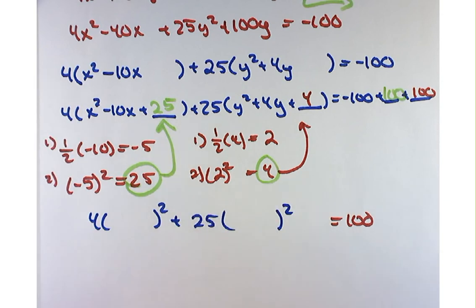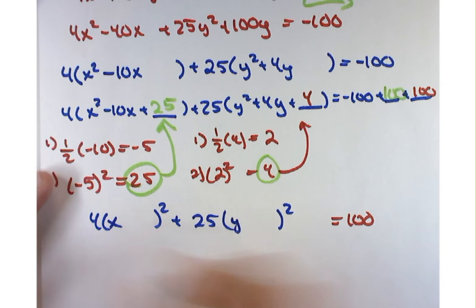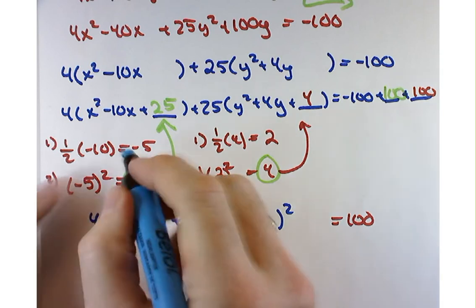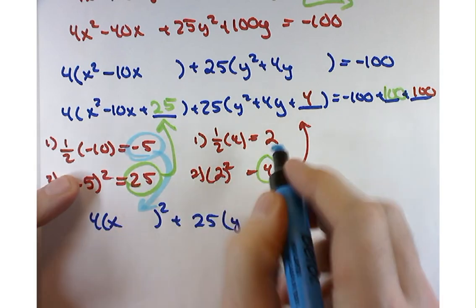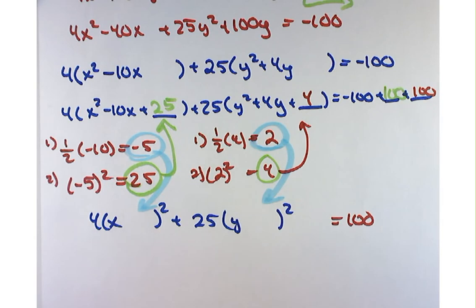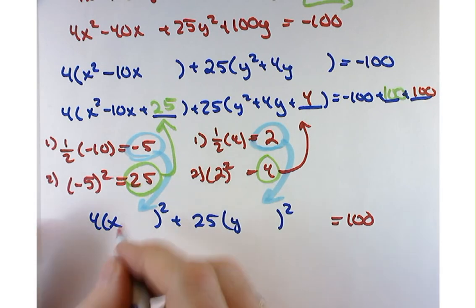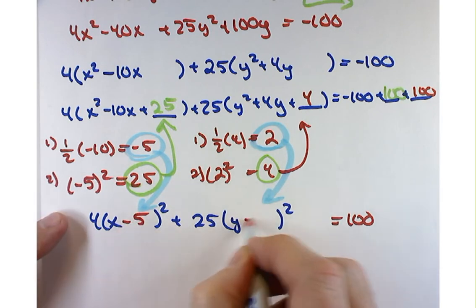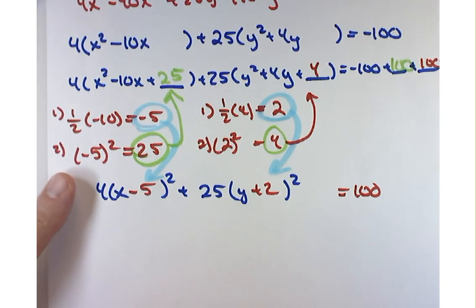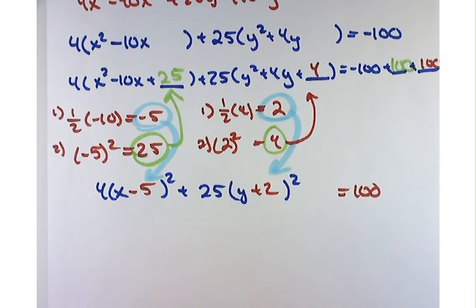And the cool thing about it is that these numbers that go in here, you've already got them. It's this one here and this one here. So it's x minus 5 squared and y plus 2 squared. That's looking better.